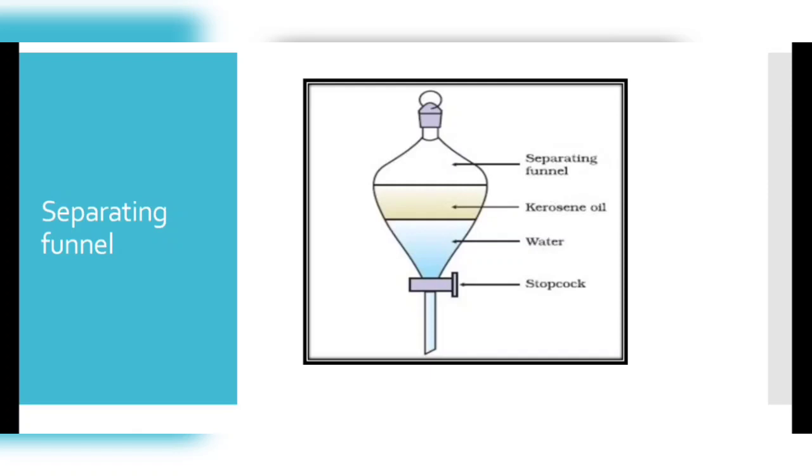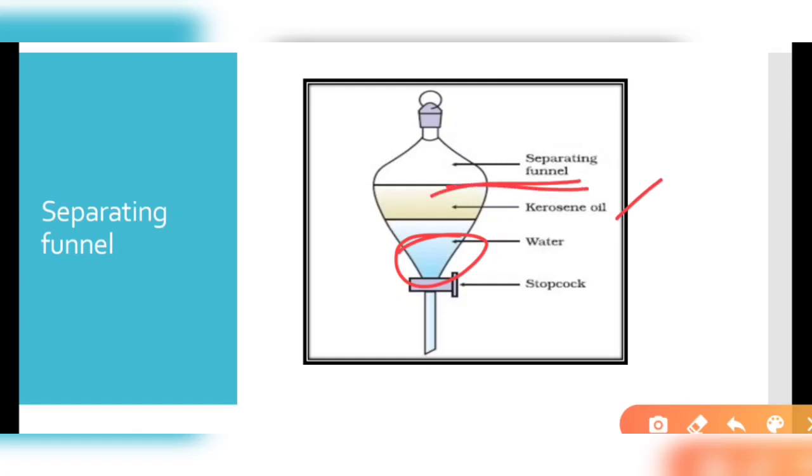Now, the separating funnel is used to separate two liquids which are immiscible in nature, which do not get mixed with each other, for example oil and water. In this, the heavier substance will be at the bottom, and the liquid with the lowest density will be at the top.